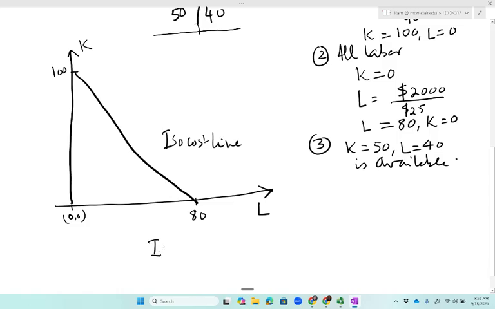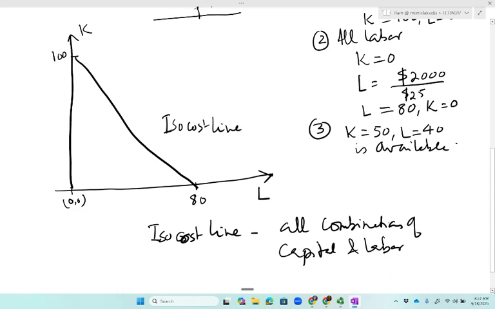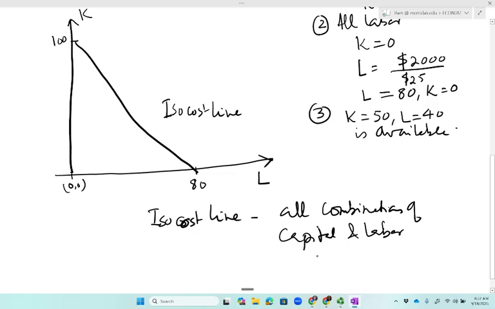So isocost line: all combinations of capital and labor which lead to $2,000 of expenditure, with cost exactly $2,000. That's the meaning of isocost.